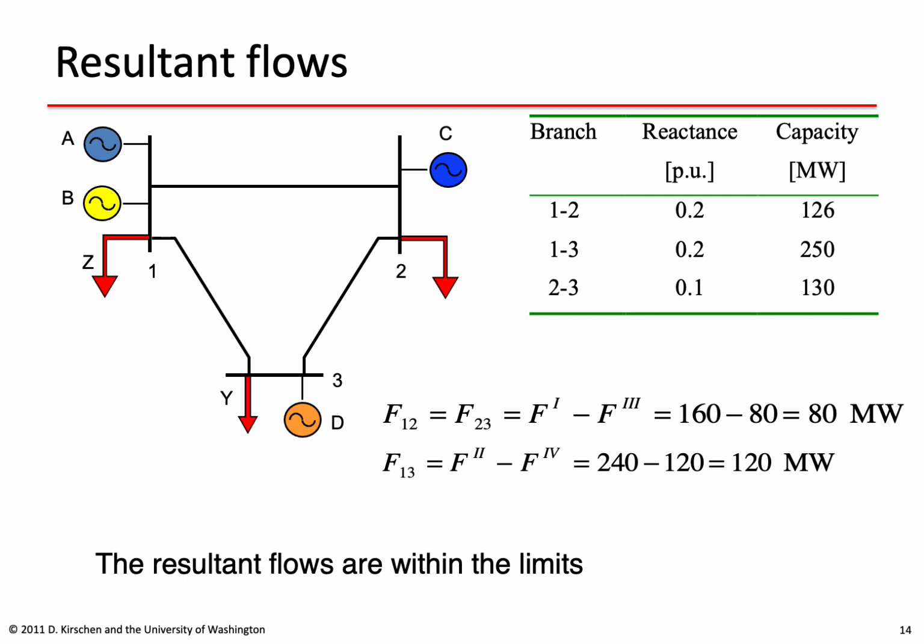So that's 160 megawatts minus 80 megawatts, which gives us 80 megawatts. Similarly, the flow in line 1-3 is the flow for the first transaction along path 2 minus the flow in the second transaction along path 4. So that's 240 minus 120, that's 120 megawatts. So the flows in all the lines are within limits. But that means that we have to consider all the flows at the same time.